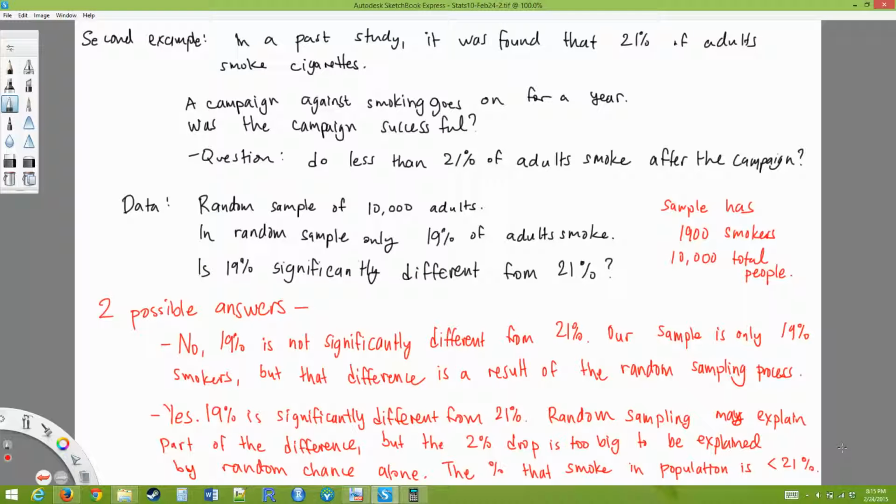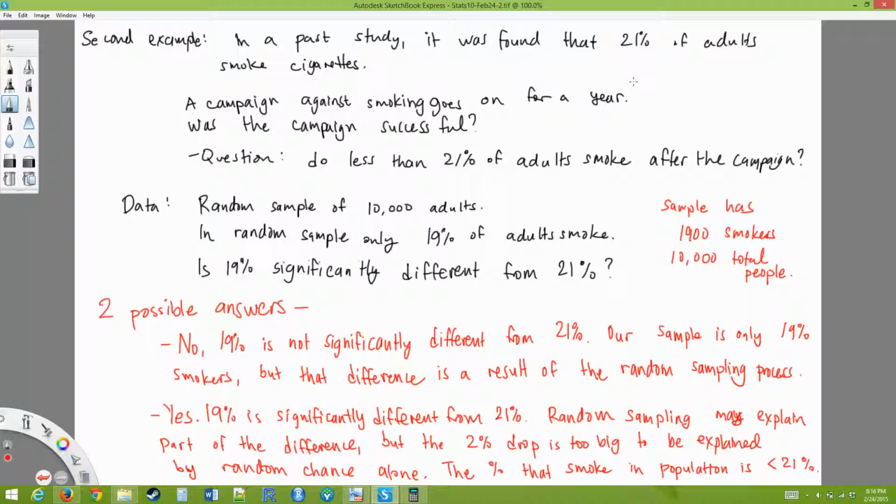So when we look at a random sample and it doesn't look exactly the way we might think it should look, if in the past we found that 21% of adults smoke cigarettes, we take a random sample, we're expecting our random sample to also be about 21% smokers.